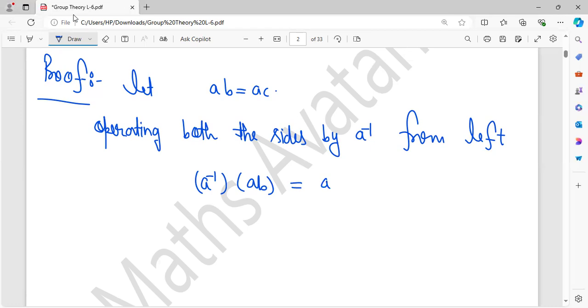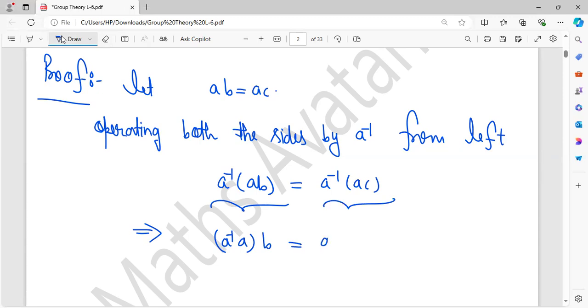We do not need to write the bracket here. This is a inverse ab equal to a inverse ac. Now by associative property, what can we write? We can write (a inverse a) b, and here again using associative property, (a inverse a) c.